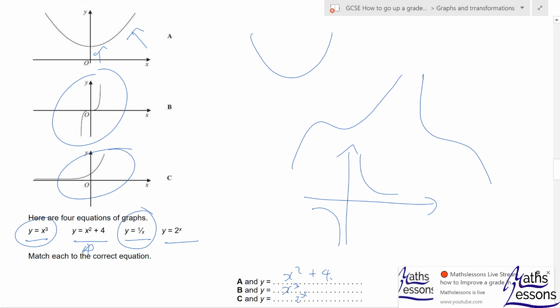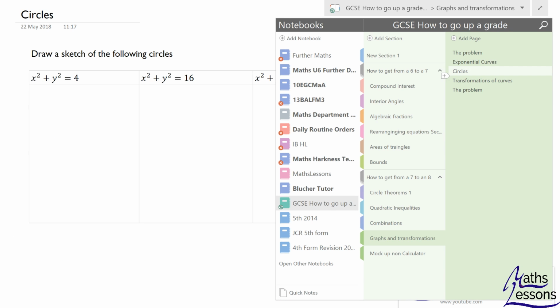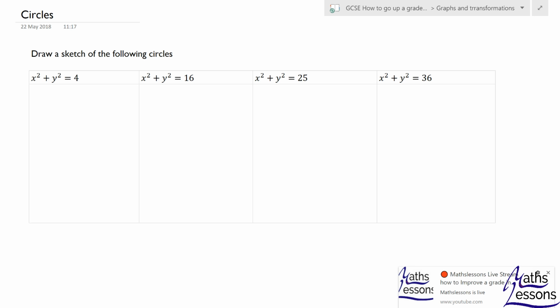Okay, on to the next stage of this section, and look at equations of circles.